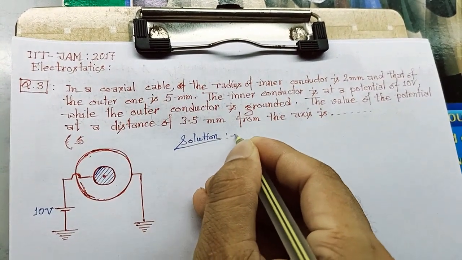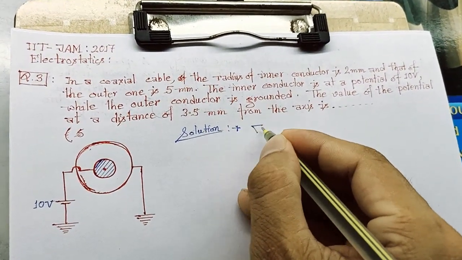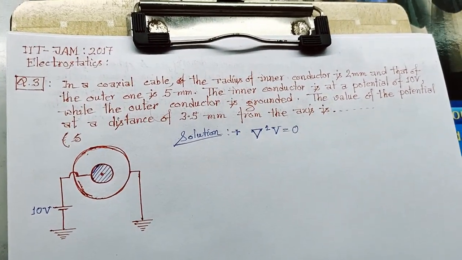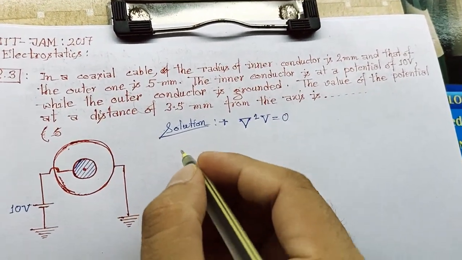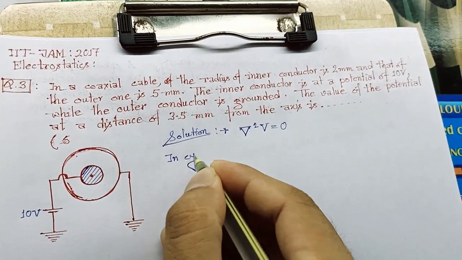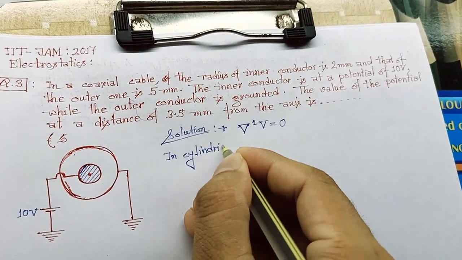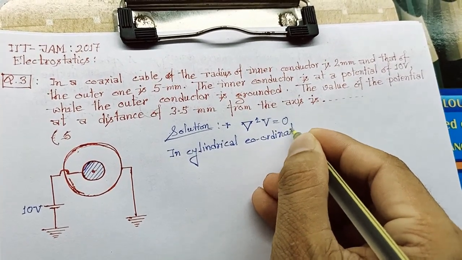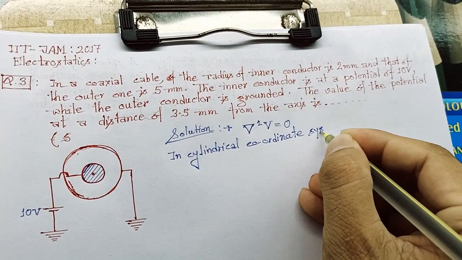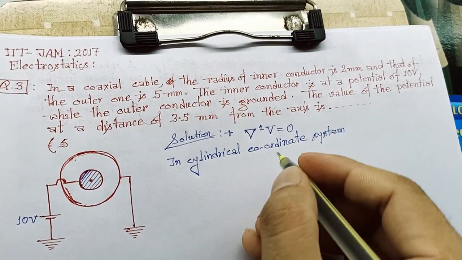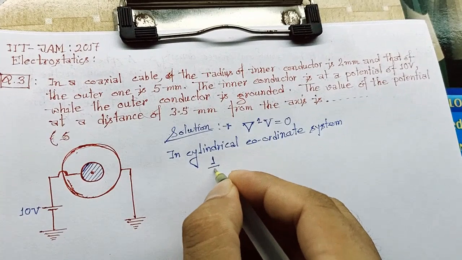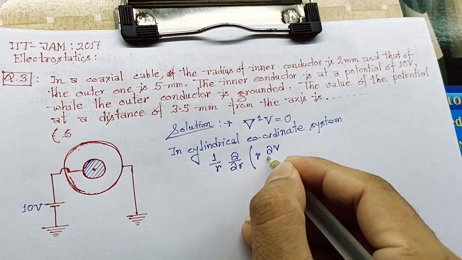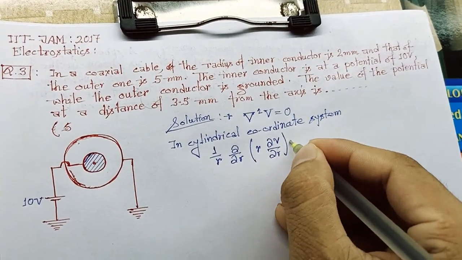For solving this question, as we know, del square V is equal to 0. In cylindrical coordinate system, it is given that 1 divided by R, del by del R of R del V with respect to del R, is equal to 0.